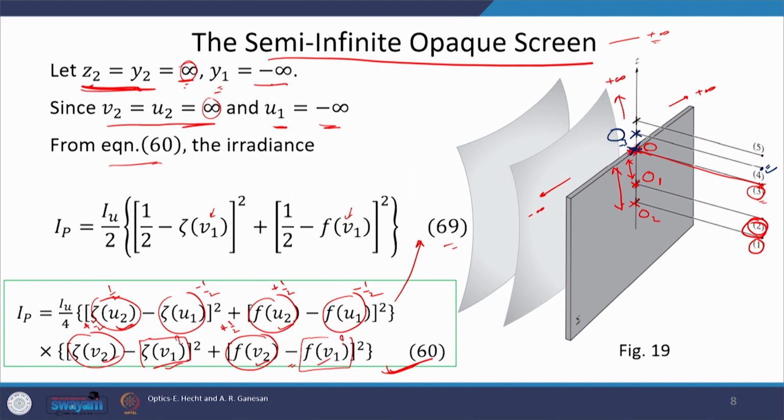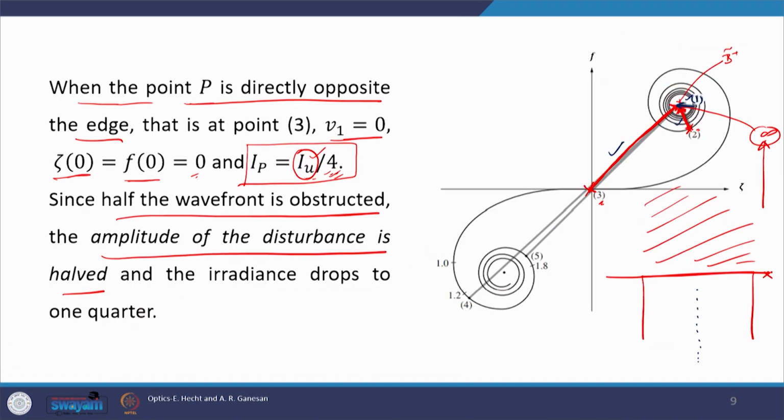V1 for O3 is negative, while the position of the upper edge is still plus infinity, because infinity is infinity anyway. Therefore, for point 4, the chord will start from a negative value and it will go till B plus tilde. And this is shown by point 4 here in this Cornu spiral plot.